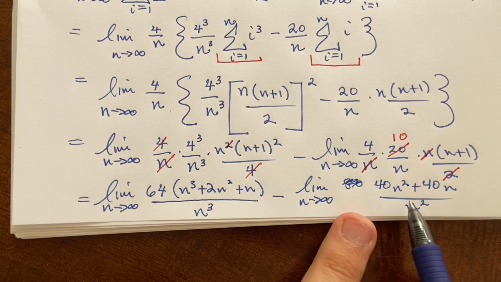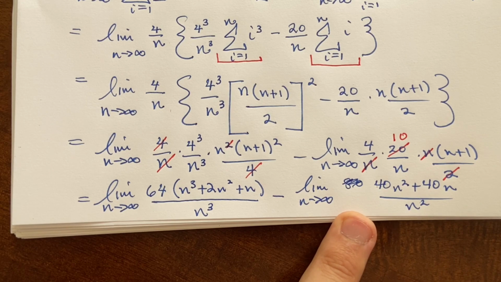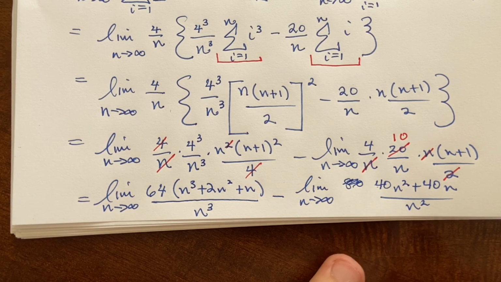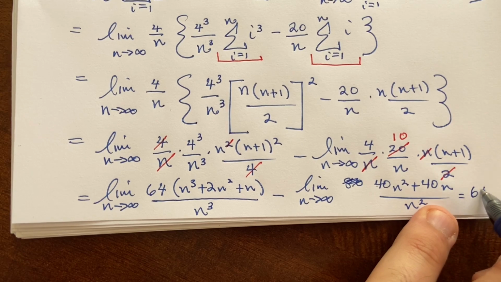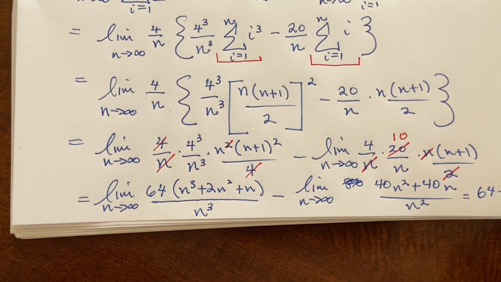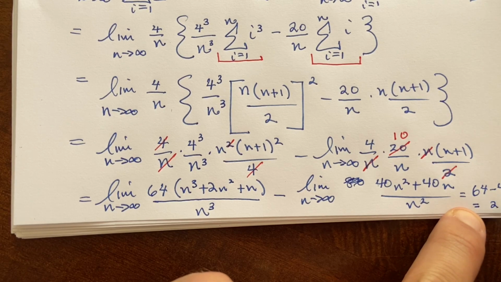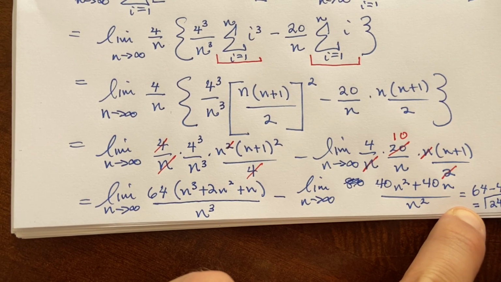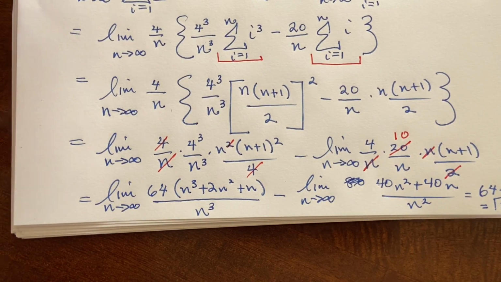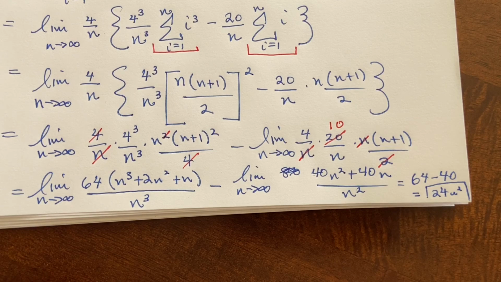So we would get, let's see, ultimately 64 minus 40, which would equal, I'm just running out of room, I guess 24 square units. Sorry about that. So that would be our exact value.